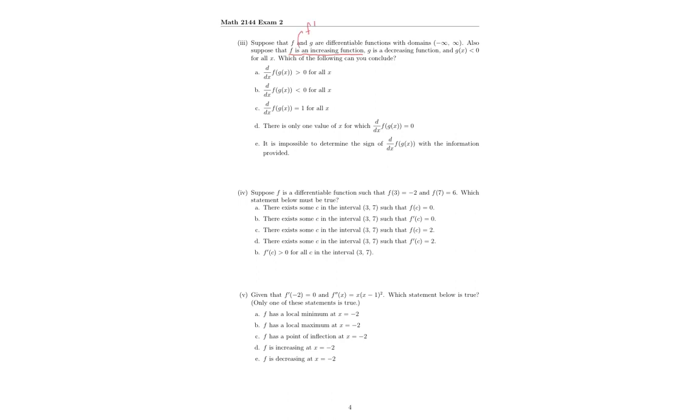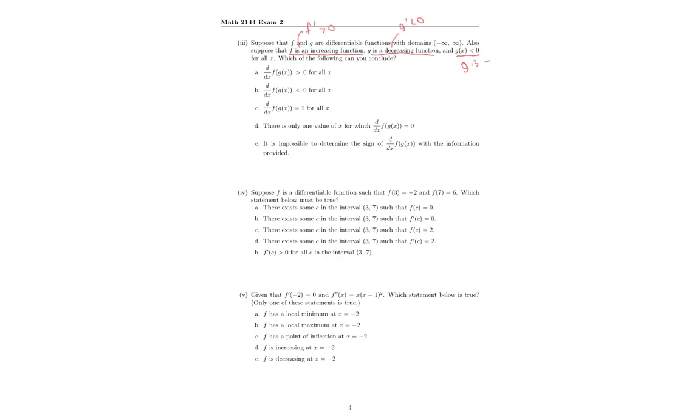That also means that f prime is bigger than 0, and g is decreasing. Well, that means that g prime is less than 0 everywhere, right? If f is always increasing, then the derivative always has to be positive. If g is always decreasing, the derivative has to be negative. And then g is less than 0, aka g is negative for all x.